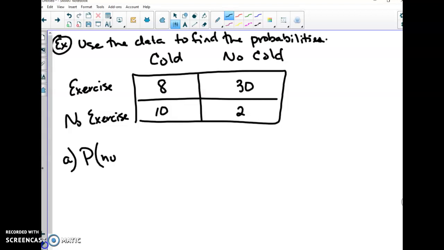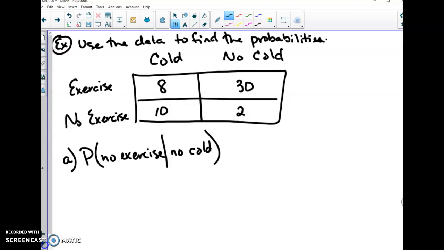So we're going to be looking at how to calculate these using the specific notation. So for part A, I have the probability of no exercise, then no cold.